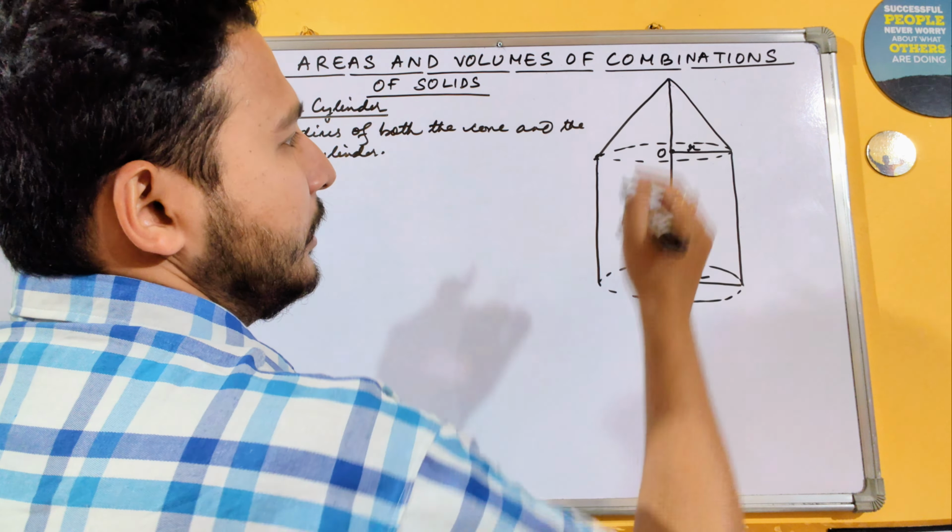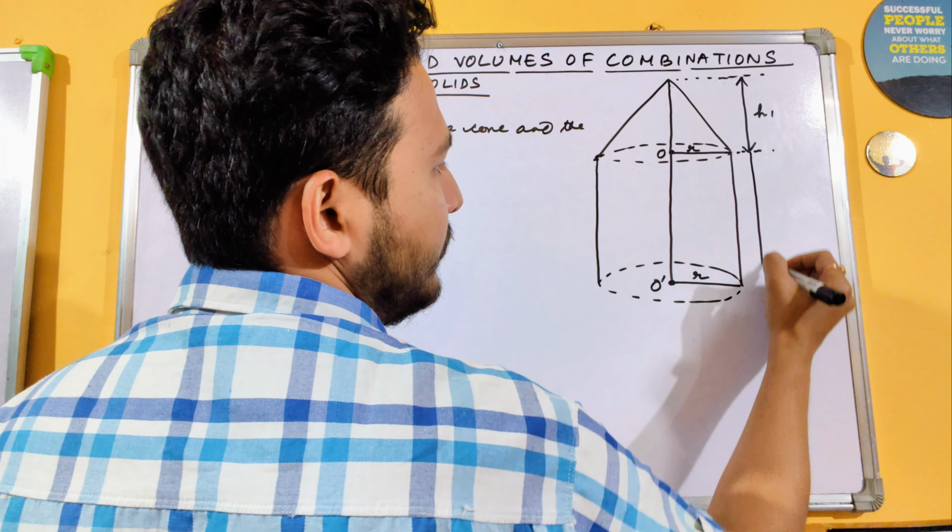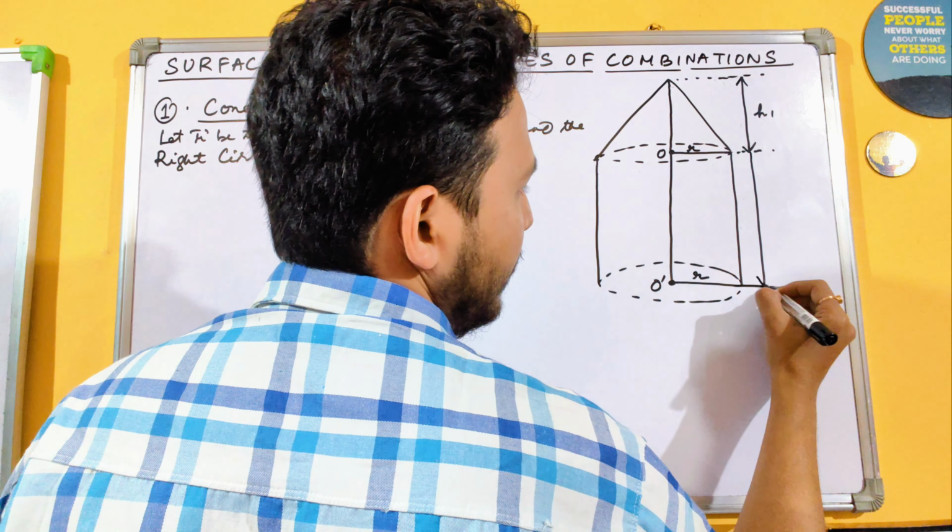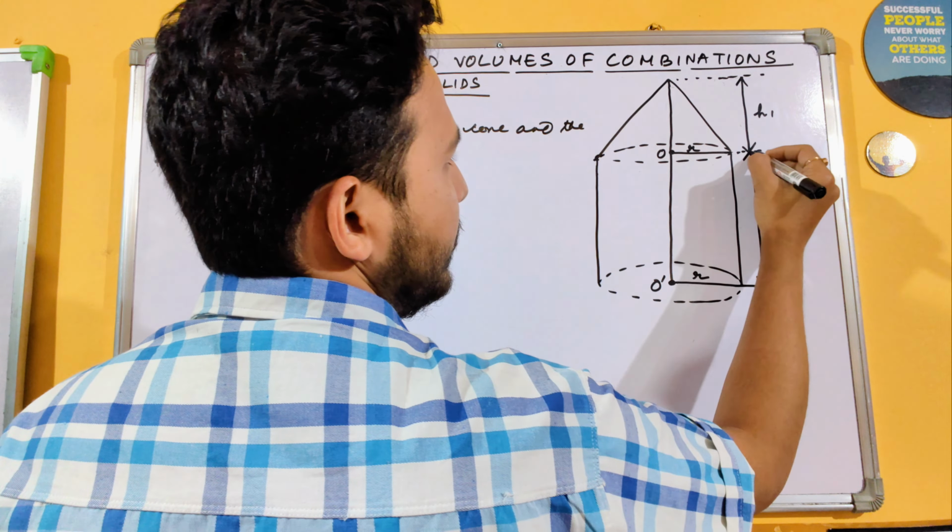Now let us name the height of the cone as h1, and let us give the name of the height of the cylinder as h2.